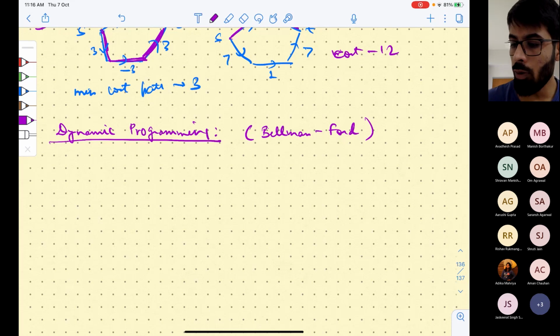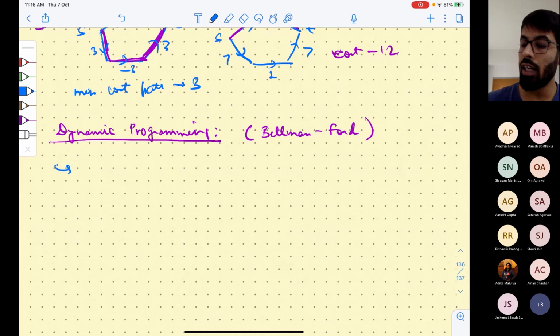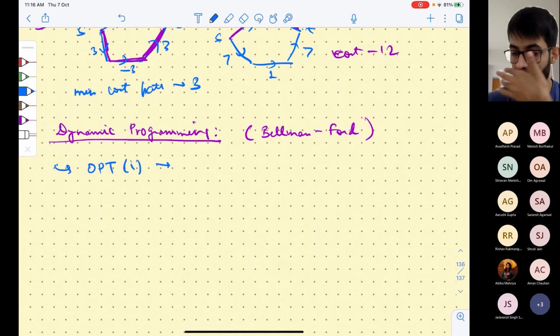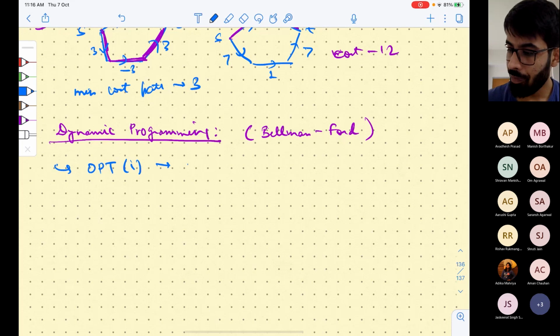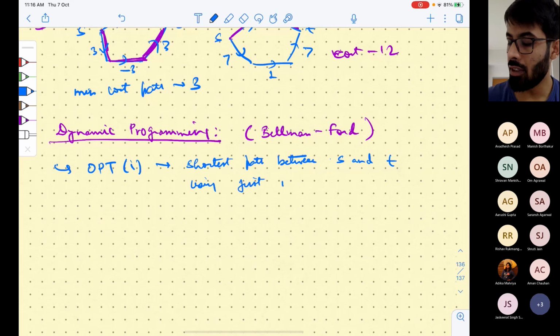So how do we start? So again, do we want to do the same thing like we were doing earlier, that okay, what will OPT(i) represent? OPT(i) is the shortest path between S and T using the first i vertices, or something like this.